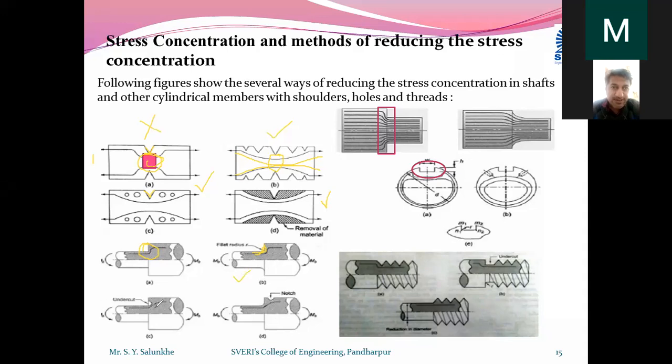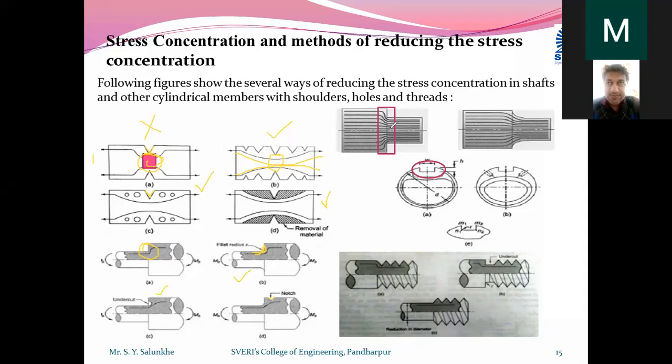Are you getting me? Or you can create one small deep hole and smoothen that. Or if initially it is not possible, you can create a smooth curve here. Plus, if you make some notches near the previous area or bigger area, it will help to reduce the stress concentration.